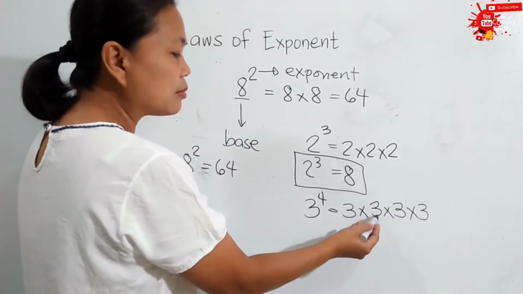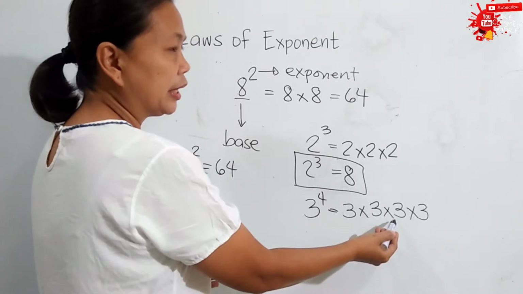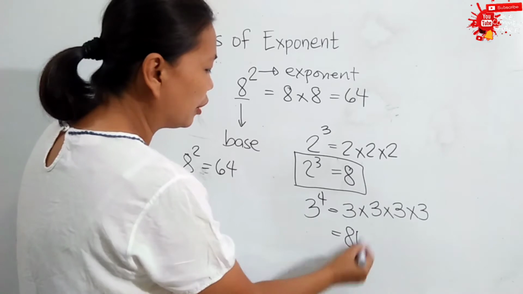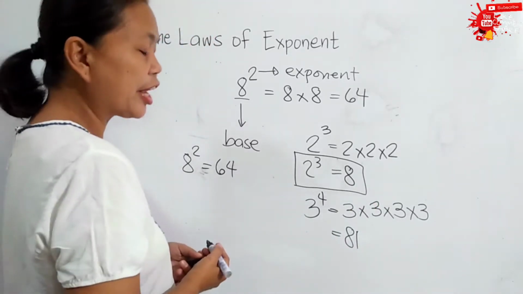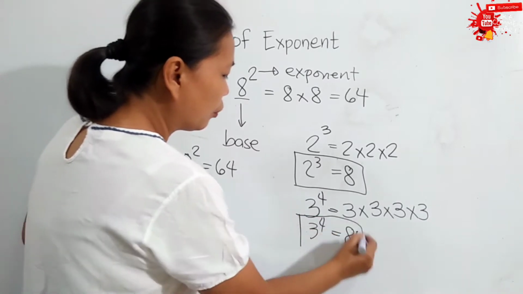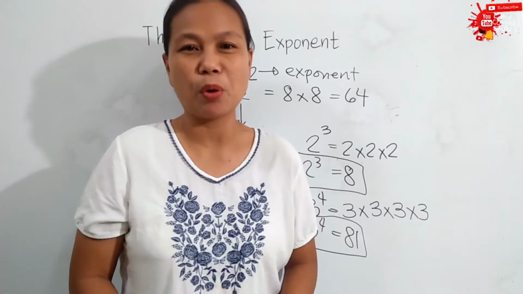What is 3 times 3? 9. Times 3, 27. Times 3, 81. So therefore, 3 raised to 4 is equal to 81. This is the basic concept about exponent.